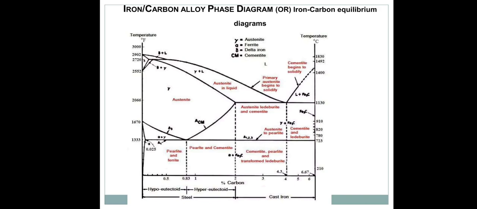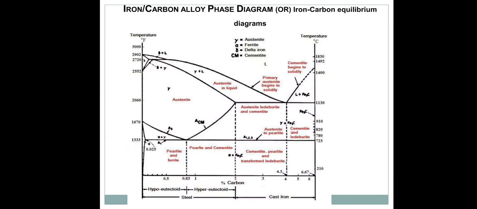Pure iron exists in three allotropic forms: alpha iron, gamma iron and delta iron. This picture depicts the temperature ranges in which allotropic forms of pure iron exist under equilibrium condition.